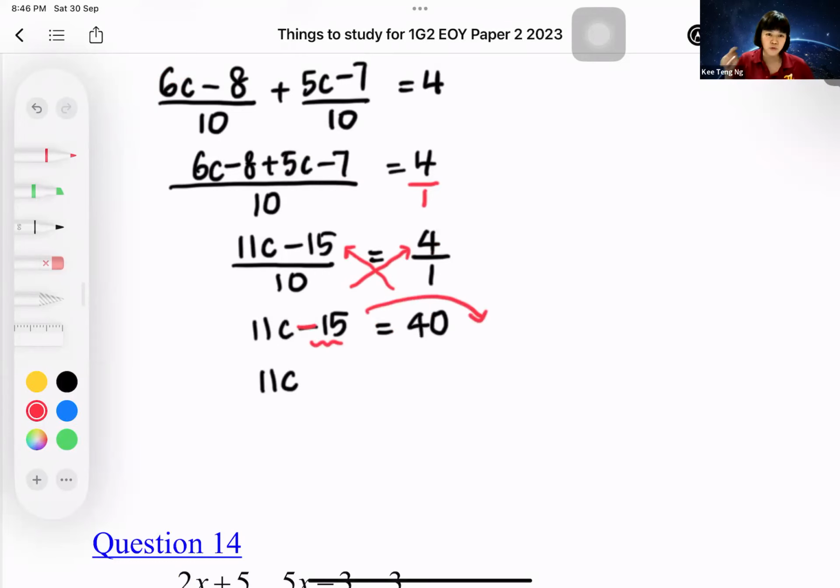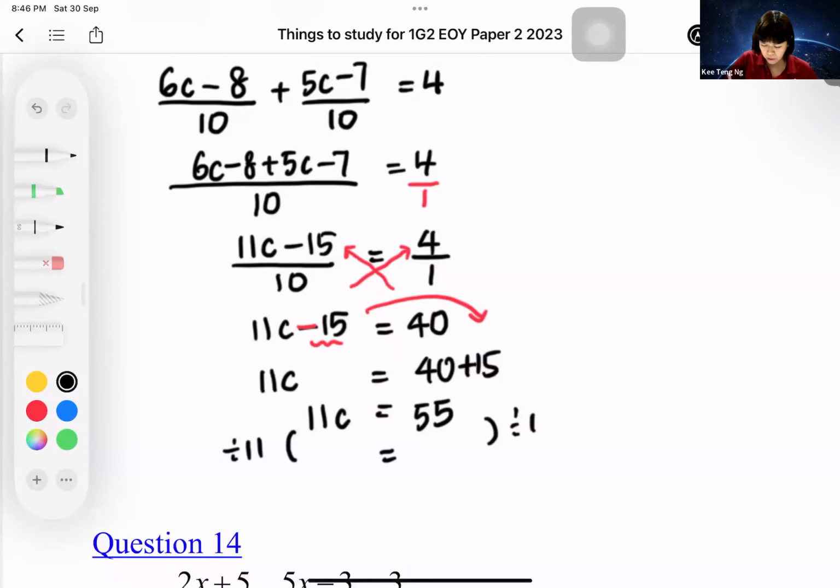So instead of subtracting 15, I will add 15. So 40 plus 15 gives me 55. So 11c equals 55, divide by 11, divide by 11, c equals 5.